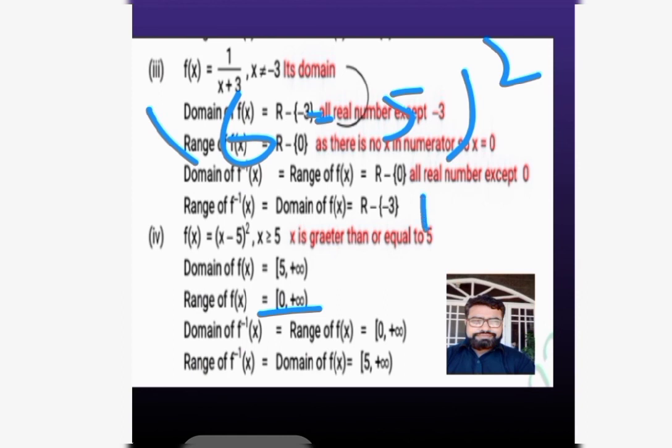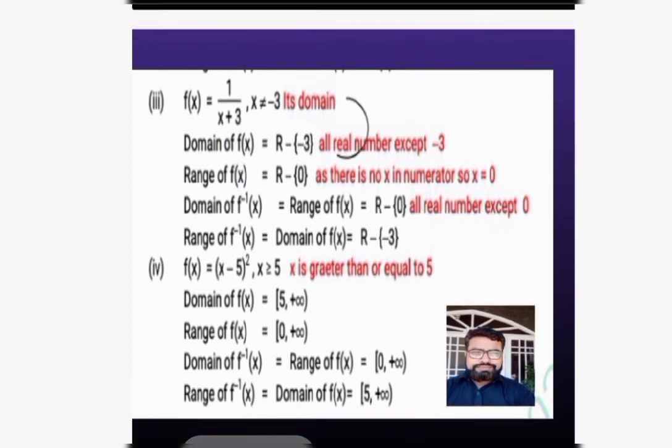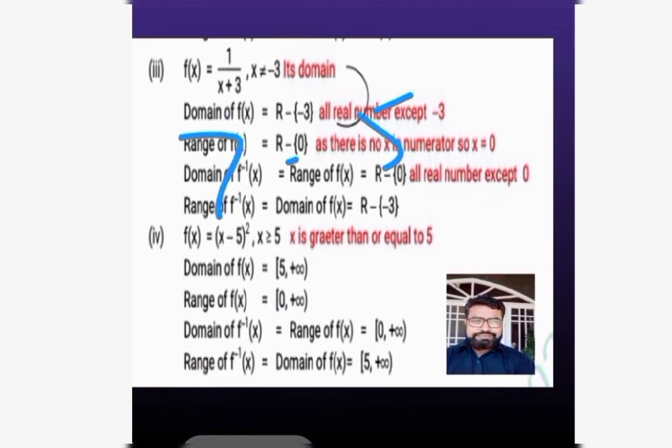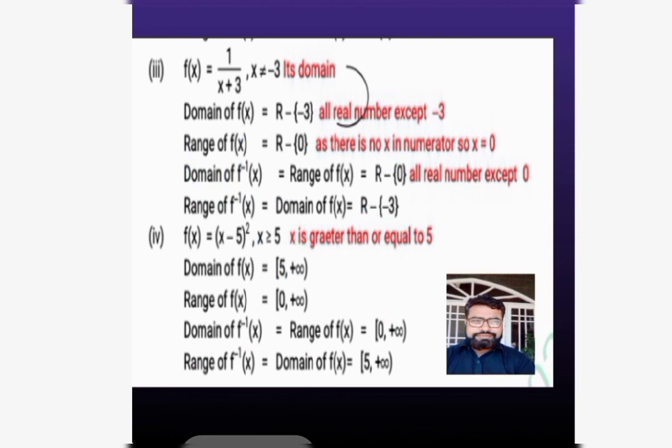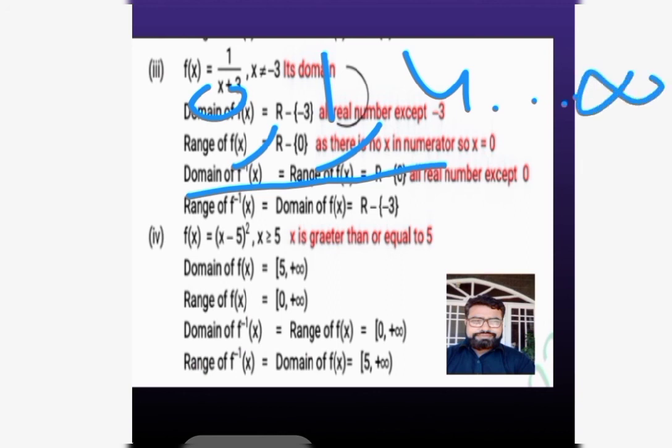If we put 7, 7 minus 5 is 2, and the square is 4. You see that the value is increasing. At 5 it was 0, at 6 it was 1, and at 7 it was 4. This value keeps increasing and will continue till infinity, so its range is from 0 to infinity.